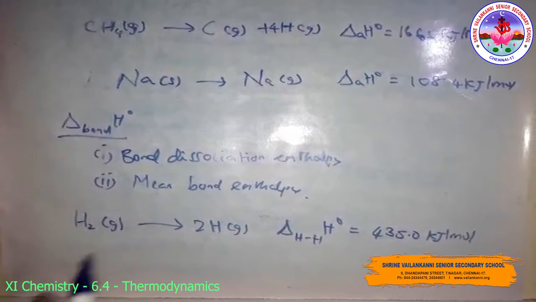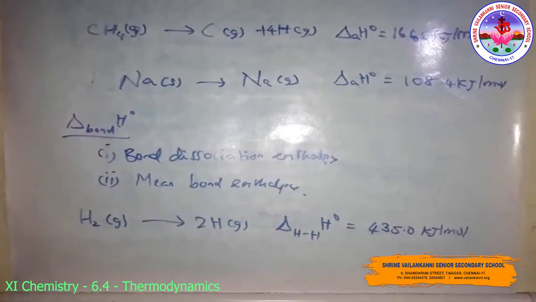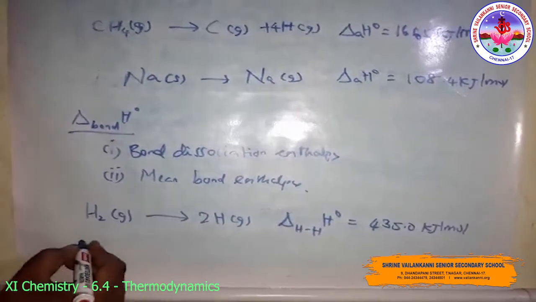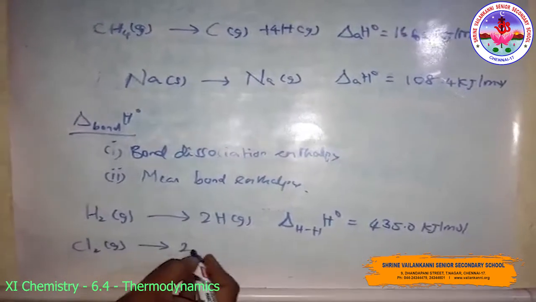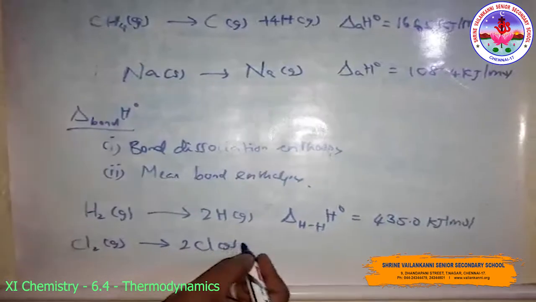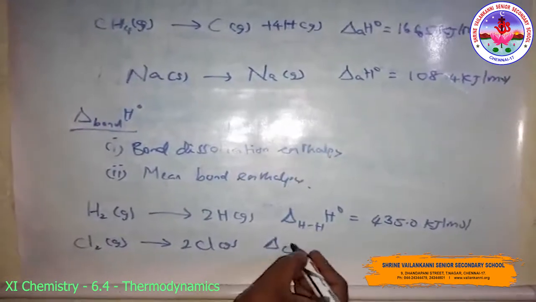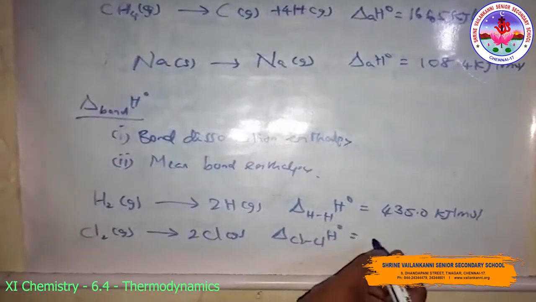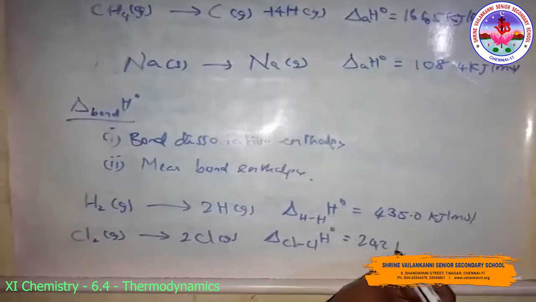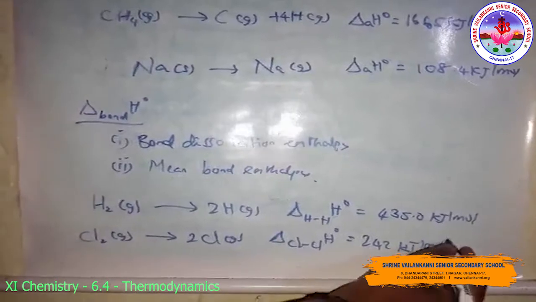This is true for all diatomic molecules. Example, chlorine gas Cl2 gas to produce 2Cl gas. Here Cl-Cl delta H naught is equal to 242 kilojoule per mole.